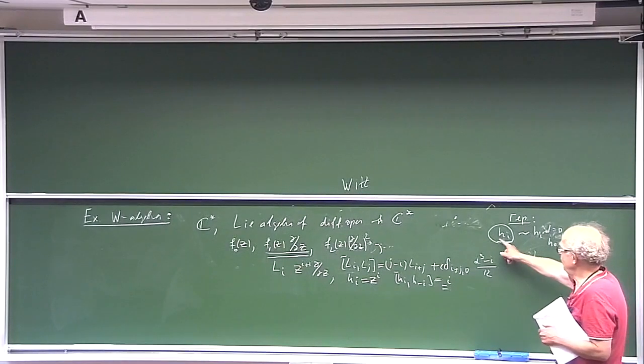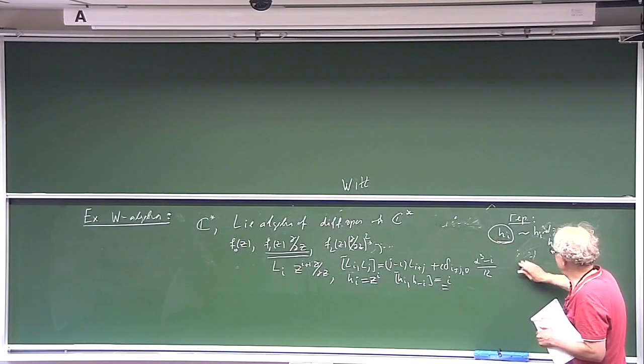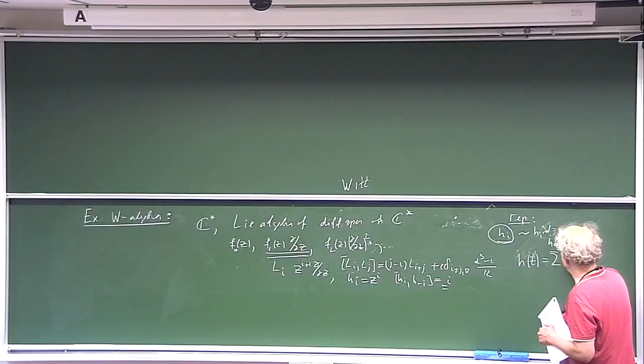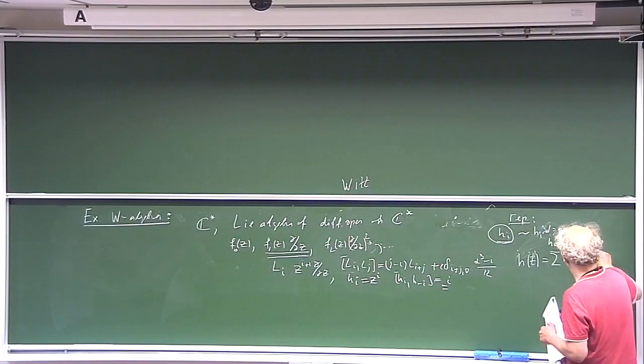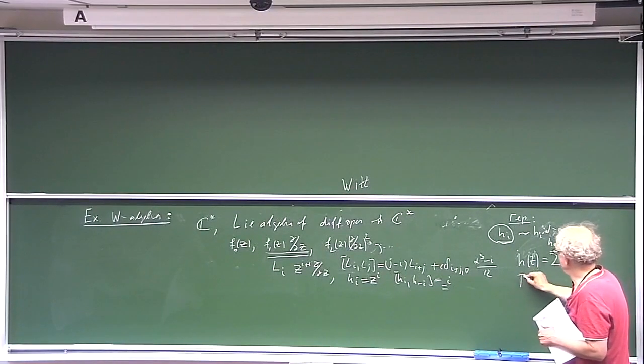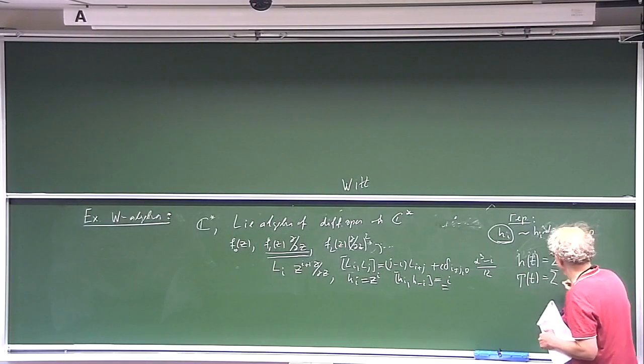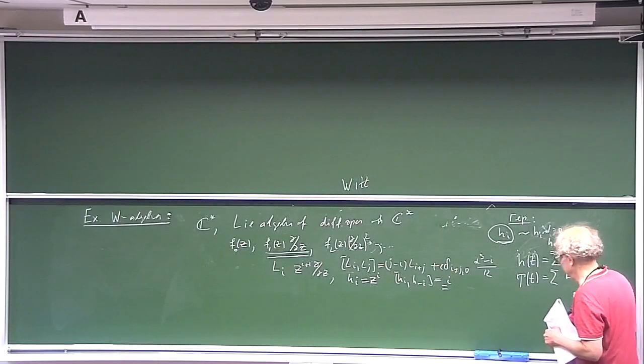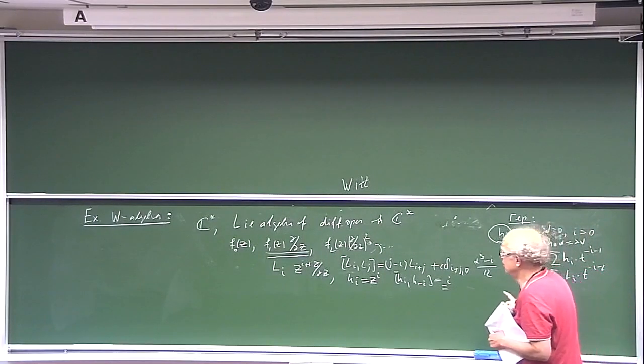But anyway, I have Hi, and I can introduce the generating function of these Hi, t to the minus i. And I can also write down the generating function of Li times t to the minus i, or maybe here usually 1, here 2, but let us not take care about this.